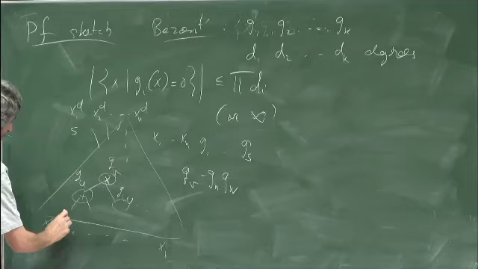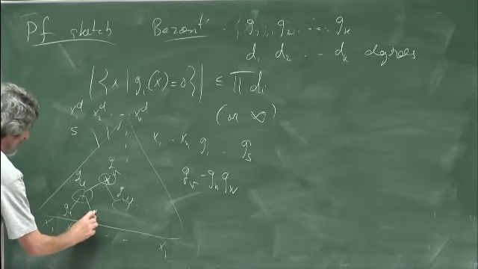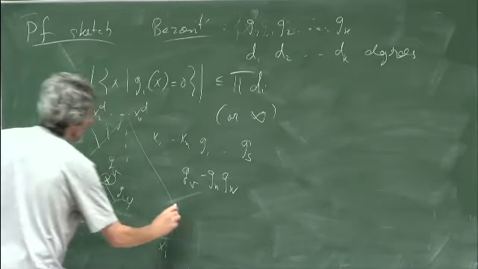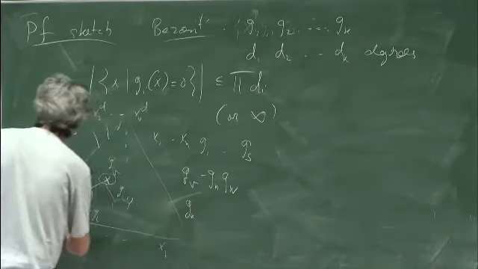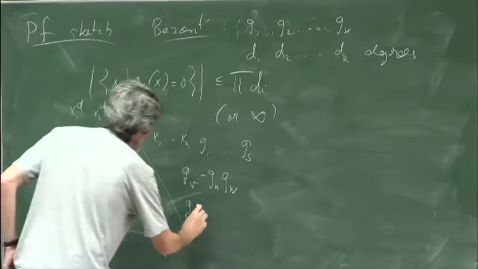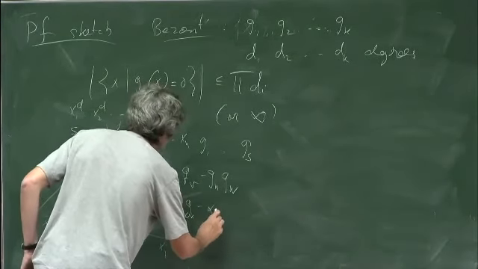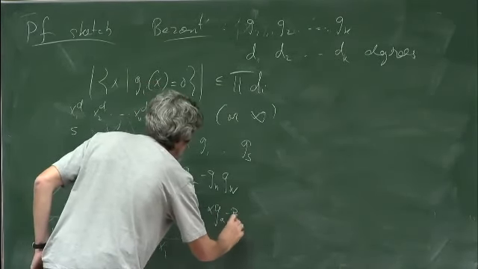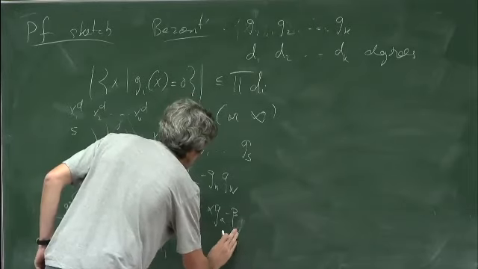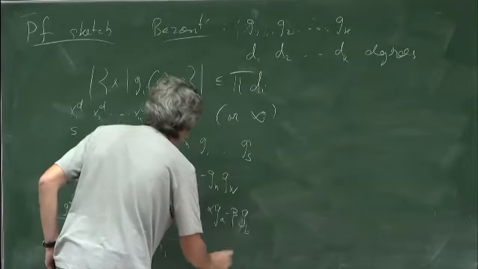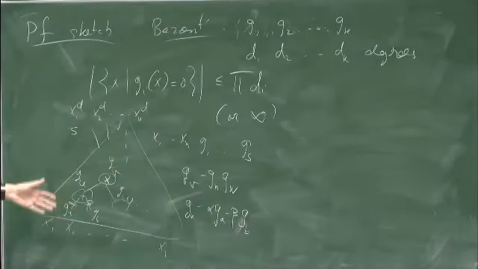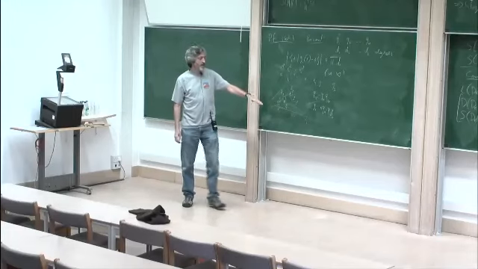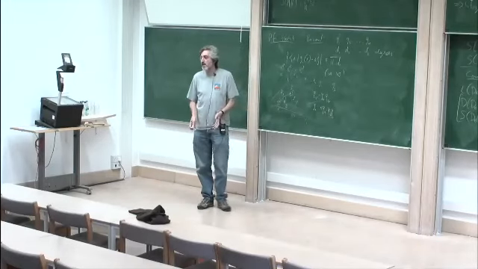But if this is the sum of, let's say, g_a and g_b with coefficients alpha and beta, we write g_u minus alpha g_a minus beta g_b. So for every gate, you write this equation that describes what the gate is doing.